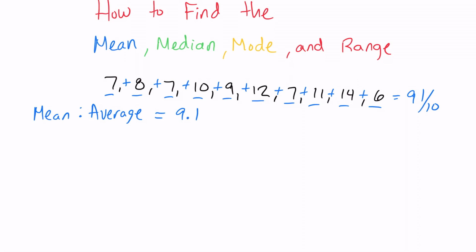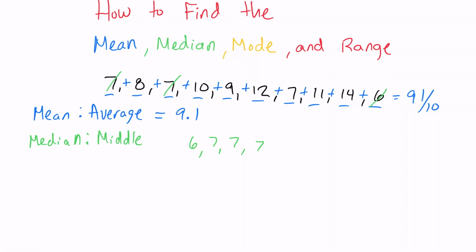From here, we'll be moving to our median. Now, median means middle term. But we need to have our numbers in our data set in order from least to greatest. So in order to find the median, or the middle number, I need to order my terms in ascending order from least to greatest. So I need to start with my lowest term, 6, then I have a 7, another 7, and a third 7.